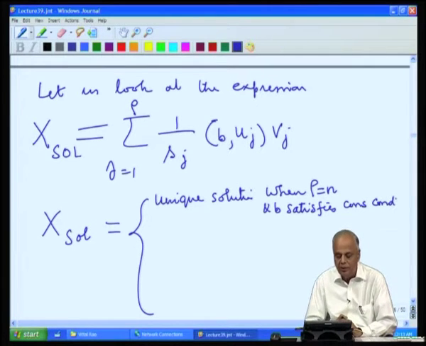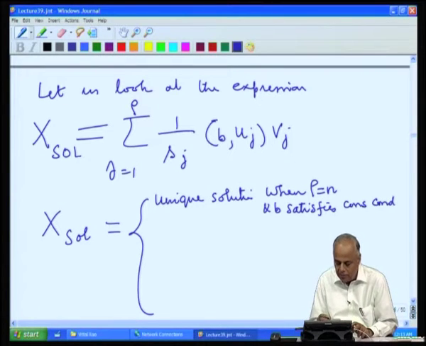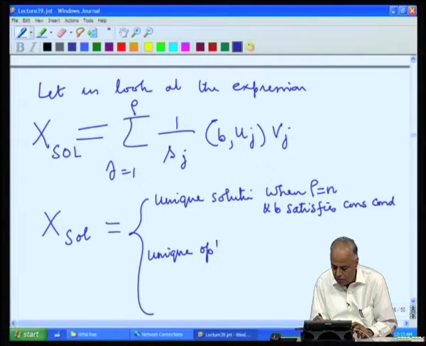So, when B satisfies the consistency condition and rho equal to n, this x sol will be the unique solution.